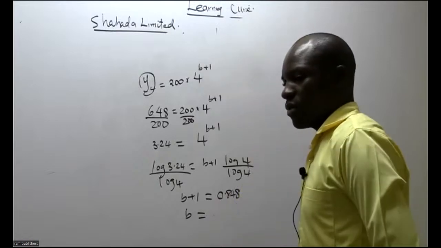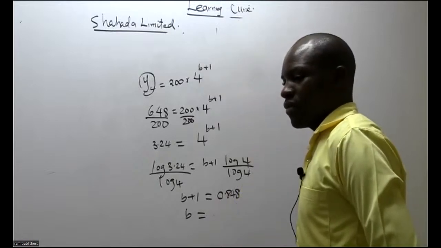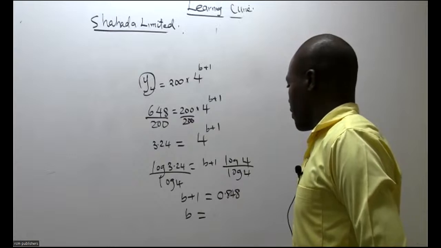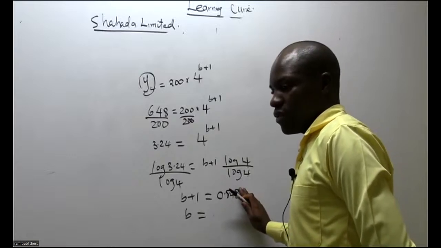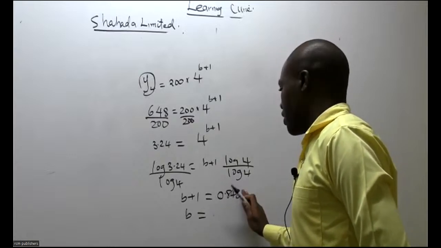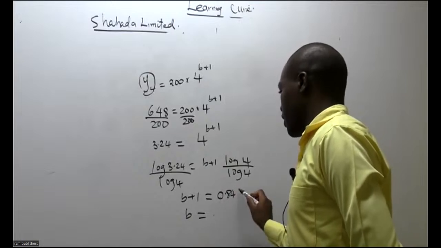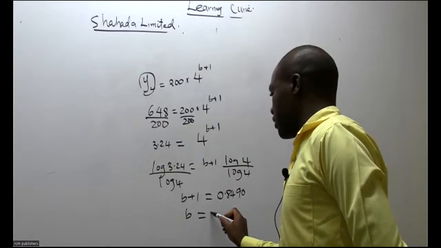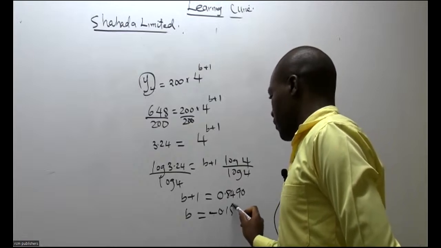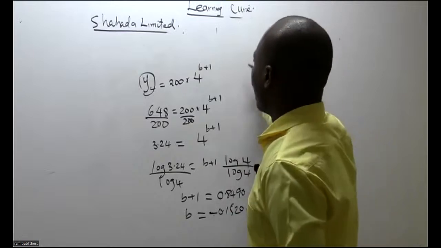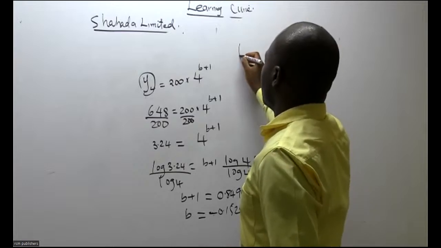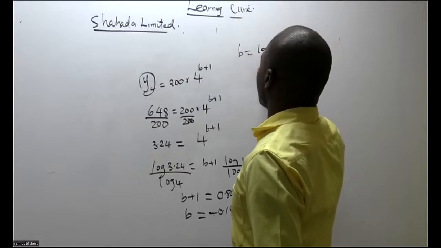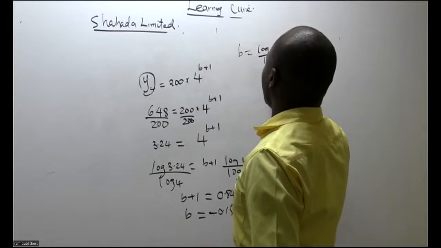What's the value of B? Or even if you use what you have there. The value of B is negative 0.1520. Now, B is equal to log R over log 2.